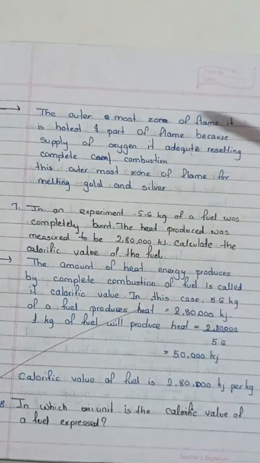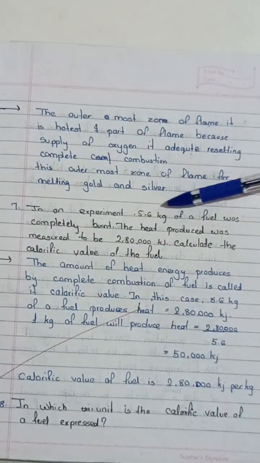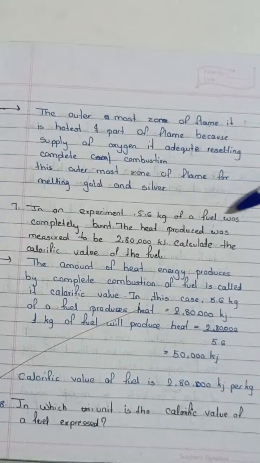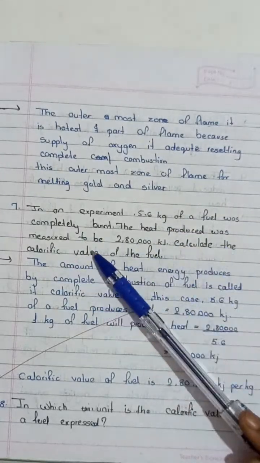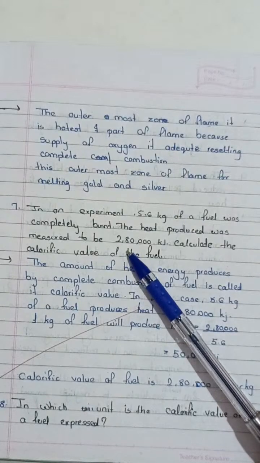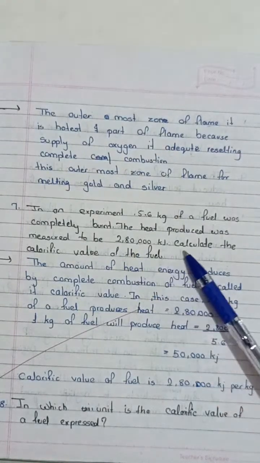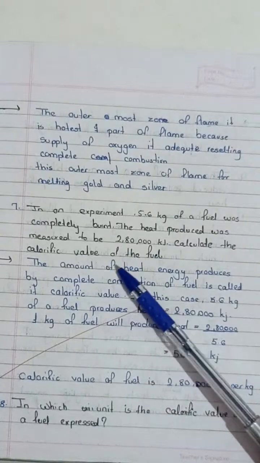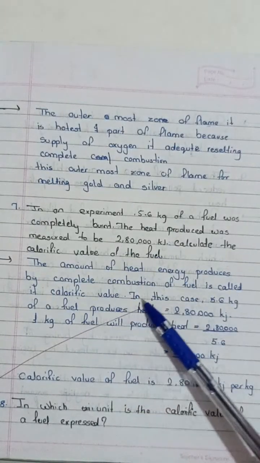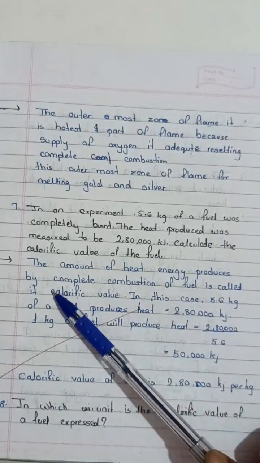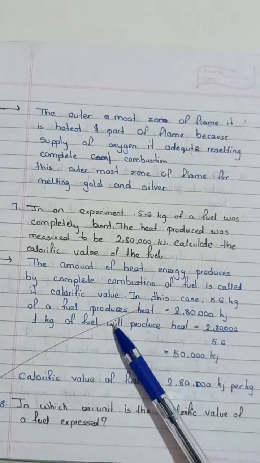Seventh, in an experiment, 5.6 kg of a fuel was completely burnt. The heat produced was measured to be 280,000 kJ. Calculate the calorific value of the fuel. The amount of heat energy produced by complete combustion of a fuel is called its calorific value.